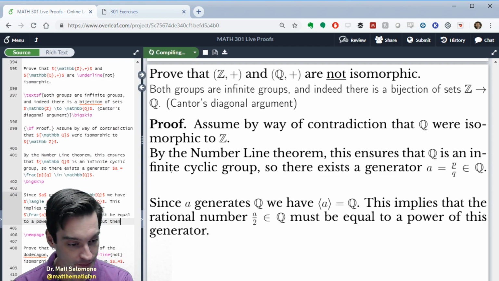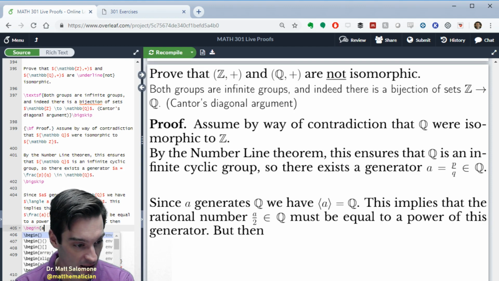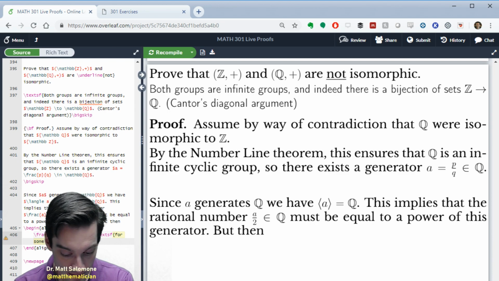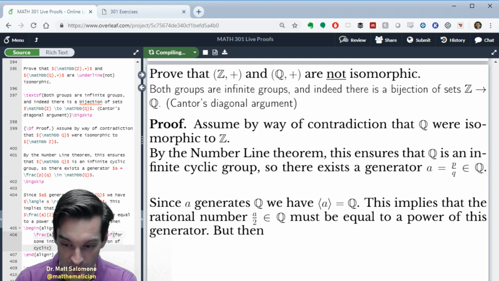But then, and this is our contradiction, right? A over 2 must be equal to k times A for some integer k by definition of cyclic. Right?